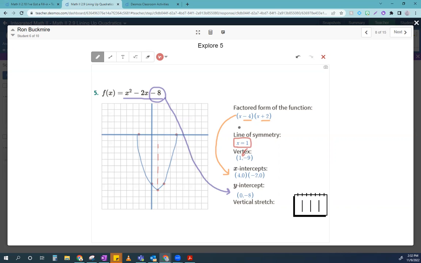So let me plug in really quick. You're saying 1 minus 4. Well, that's -3. And then 1 plus 2, and that's +3. -3 times 3 is -9. Oh, Ms. Johnson, and that's how you find all of these pieces.